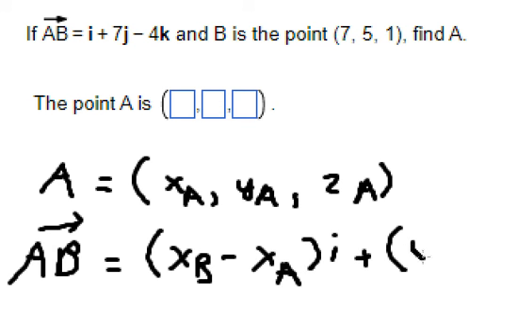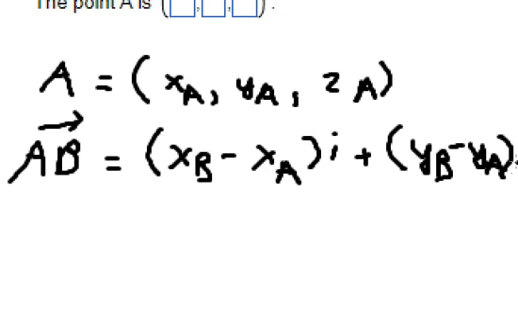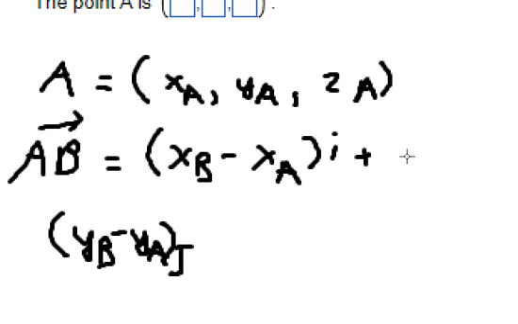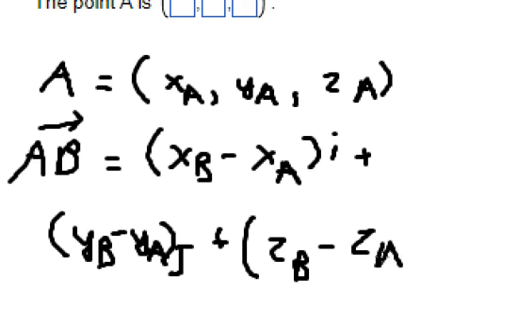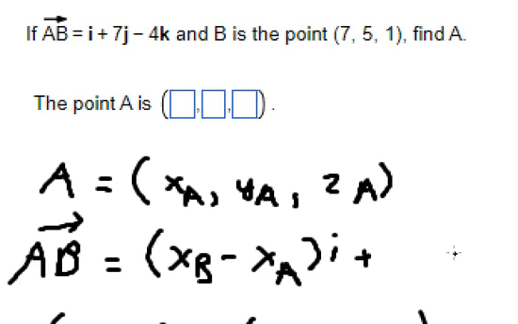Later yB minus yA, and we have j in here. And the next one we have zB minus zA, and we have k in here.